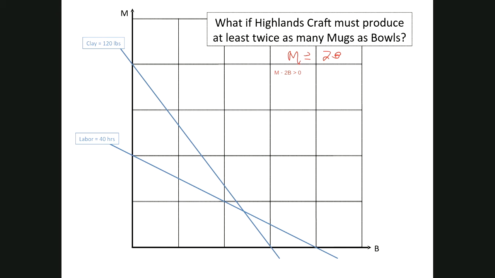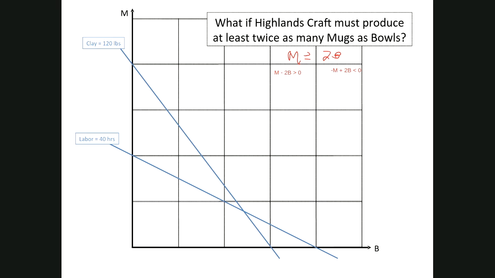It can also be written as 2b is less than or equal to m. Any of these relationships are equivalent.